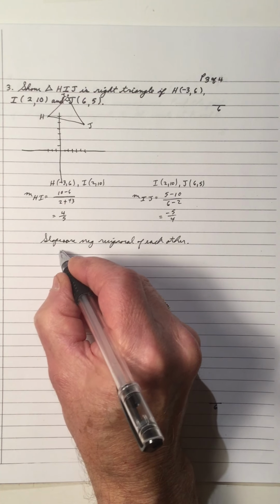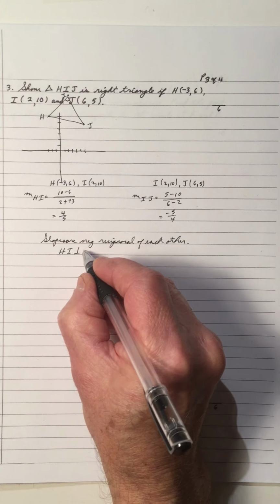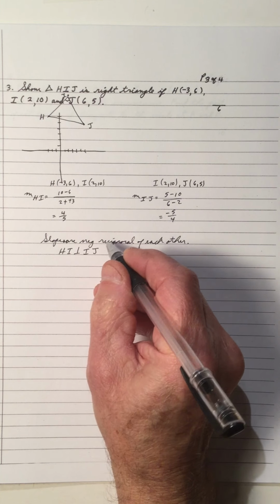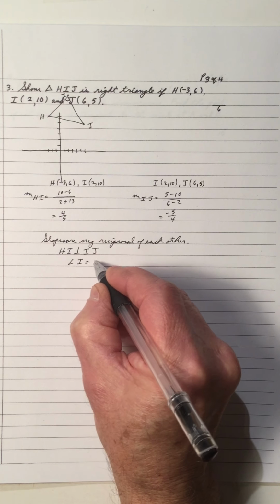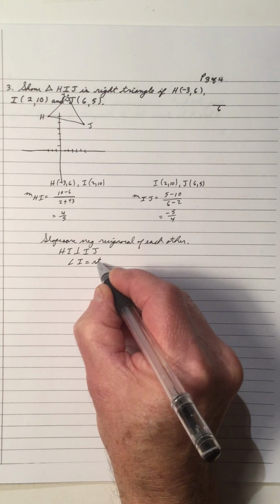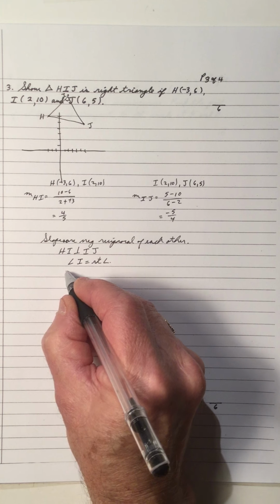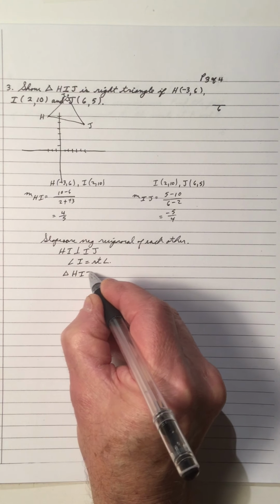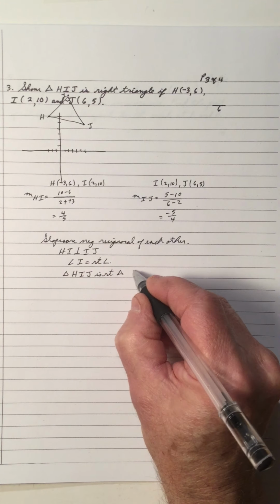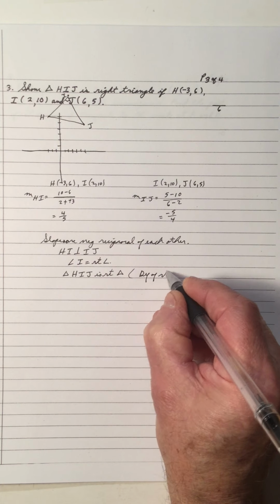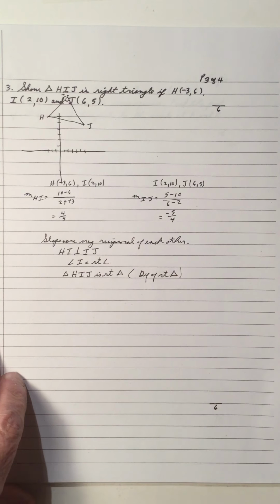Therefore, that means that HI is perpendicular to IJ, and that means that angle I is a right angle, or 90 degrees, whatever way you want to say it, and because it's a right angle, that means that the triangle HIJ is a right triangle. And the reason for that is the definition of a right triangle. Because a right triangle has a right angle. A right triangle has a 90-degree angle.